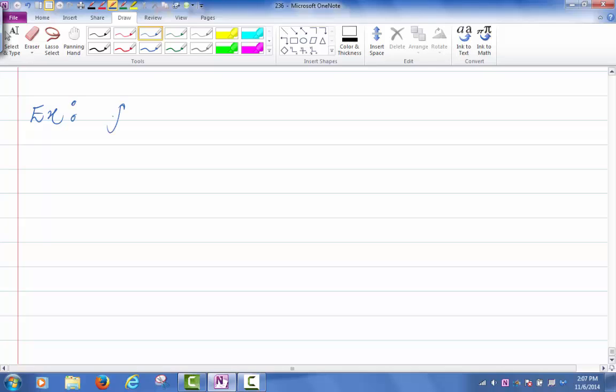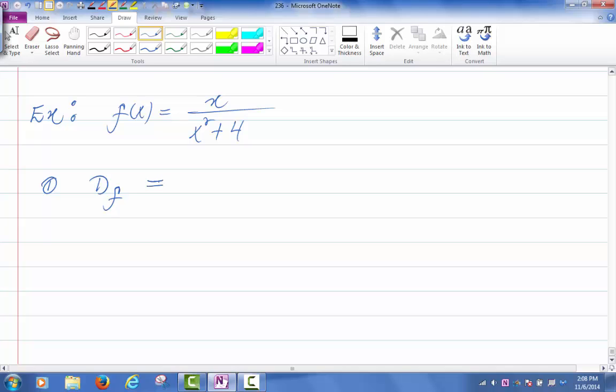Suppose that I have the function f of x, and this is x over x squared plus 4. There are a couple of questions that I'm going to go through. The first question is, what's the domain of the function?